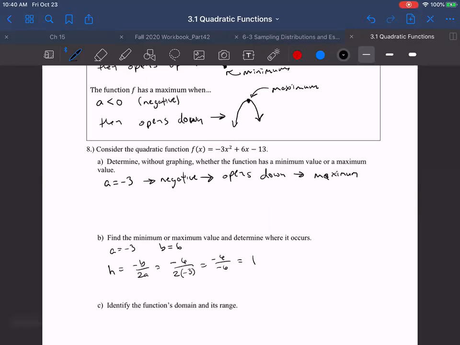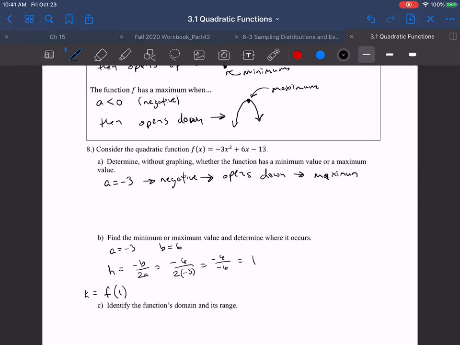And so that tells us the X value of our maximum, but we're interested in what the actual maximum is. So we need to go through and find the K value. That's our Y value. That's the actual value that you get at X equals 1, and therefore is our largest value.